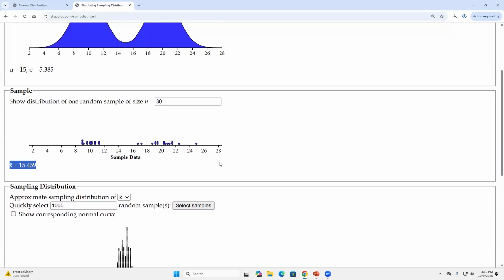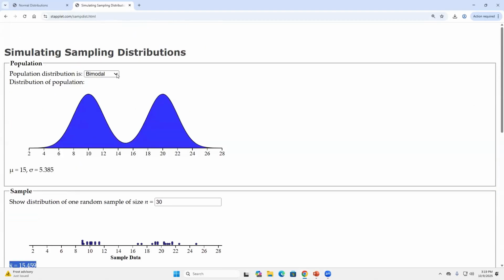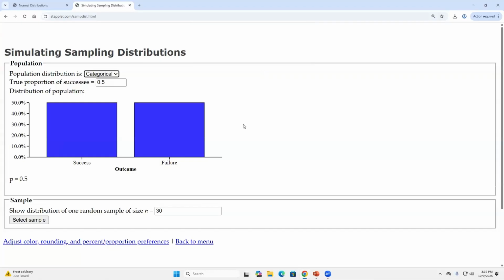All right, so let's run the gamut here. We did the bimodal, we did the uniform, we did the skewed. We'll save the normal one for the end. This actually is so powerful. It even works with categorical data. It even works with data where it's either yes or no, success or failure, this way or that way, right or left.